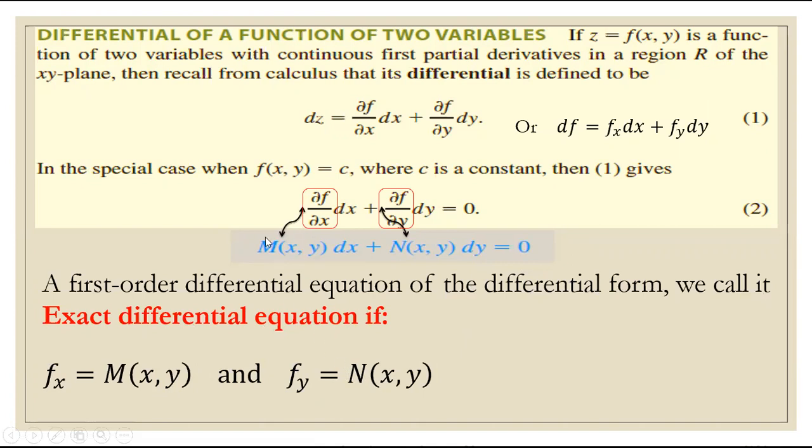That means this function can be considered as the partial derivative of f with respect to x, and this function can be considered as the partial derivative of f with respect to y. Not all equations can be considered this way. If I can, I will call the equation exact. If I can't, I can't say that this equation is an exact equation.